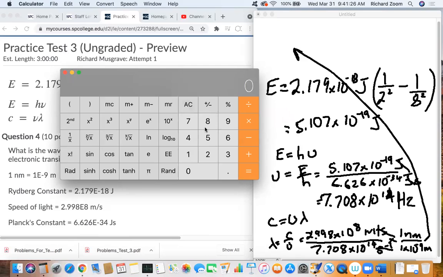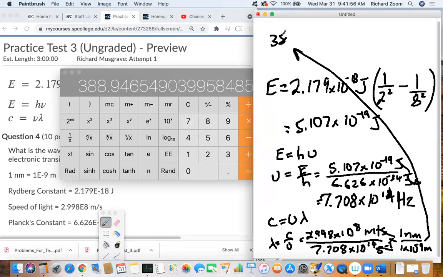I'm going to do this again. That seems better. All right. And then divide that by 1e negative 9. There we go. 388.9 nanometers. And that's what you'd put as your answer down here.